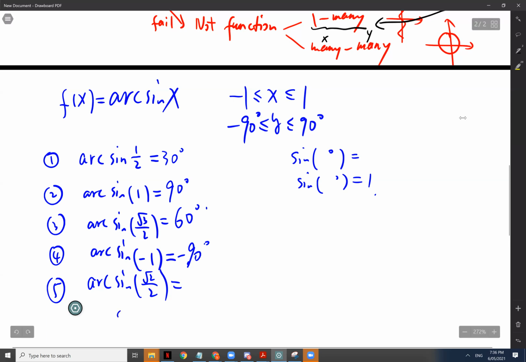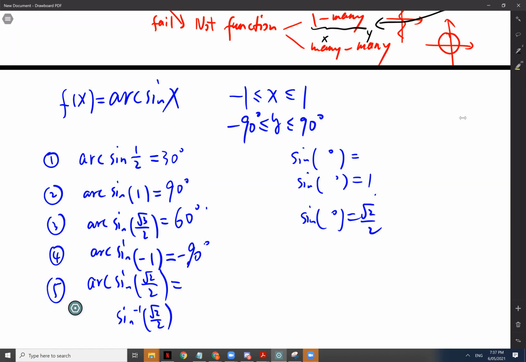Oh, in normal calculator, we just press sine inverse root 2 over 2. Or like sine how many degrees give you root 2 over 2? Do you know that? No. Okay. Ellie. Is it 45? Yes, 45.